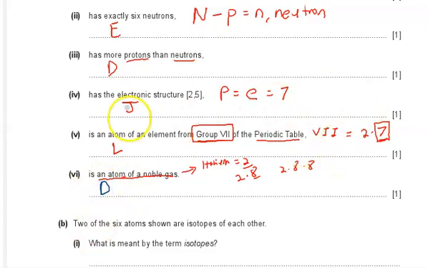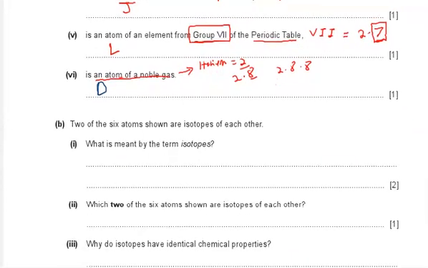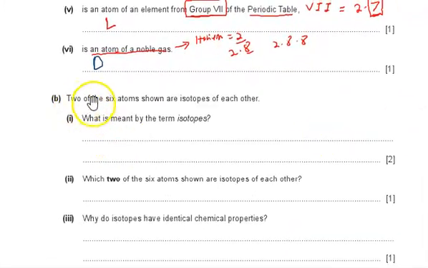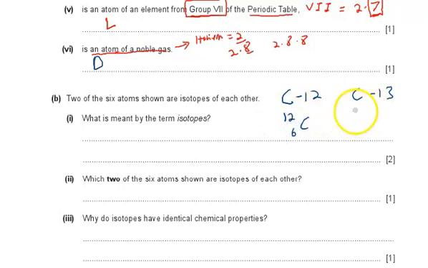I hope you can understand this. Now we are going to part B. Two of the 6 atoms shown are isotopes of each other. So what are isotopes? You just have to remember two examples, like carbon 12 and carbon 13, written as 12C6 and 13C6.